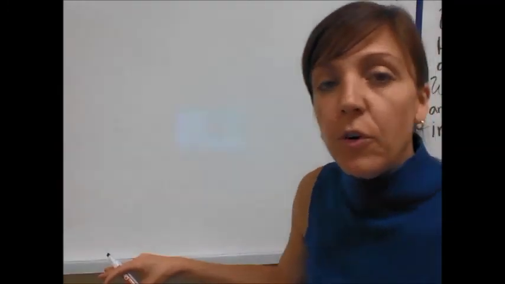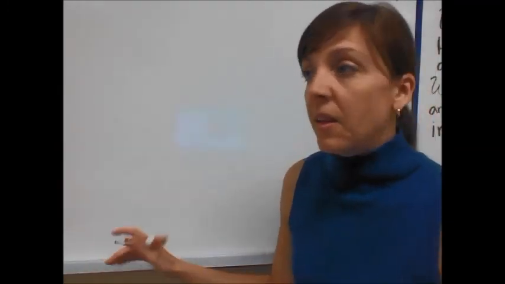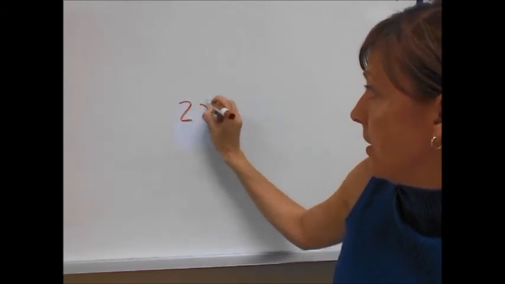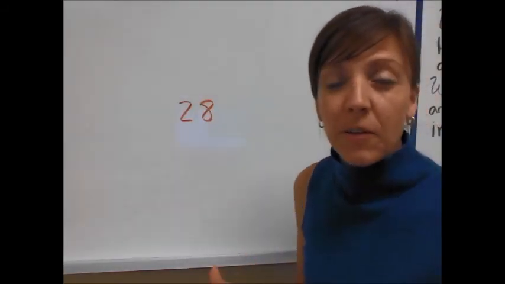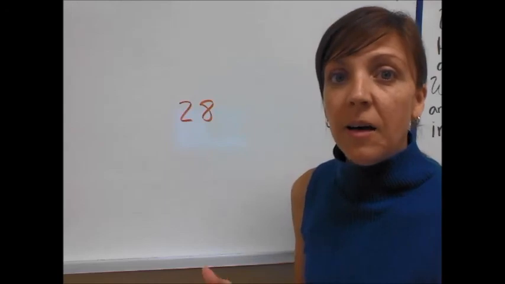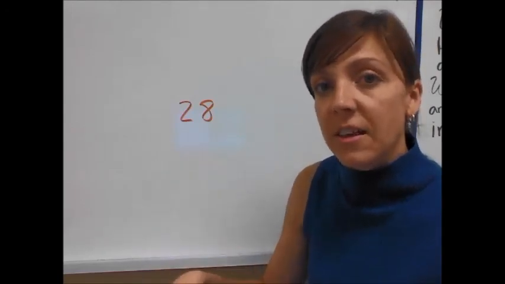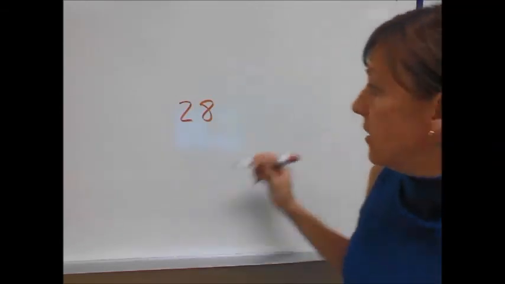So let's take those two numbers. Since we know we're looking for a grouping, that tells me I'm looking for the greatest common factor, the largest number that divides evenly into 28 and into 44.